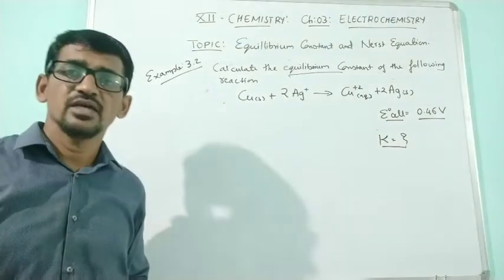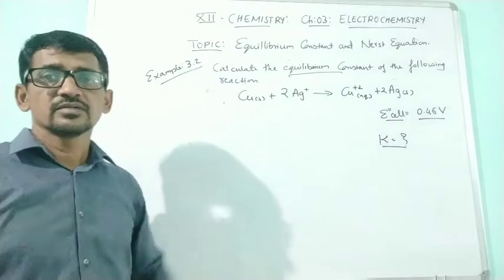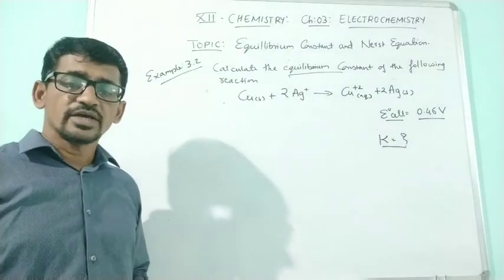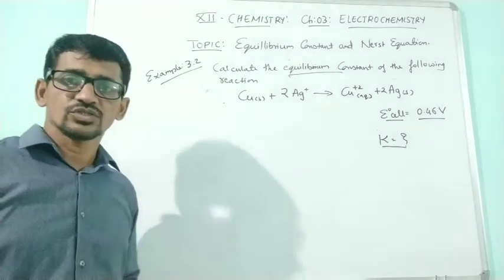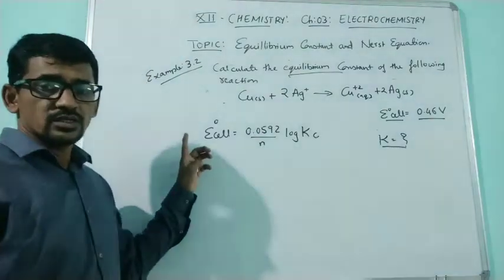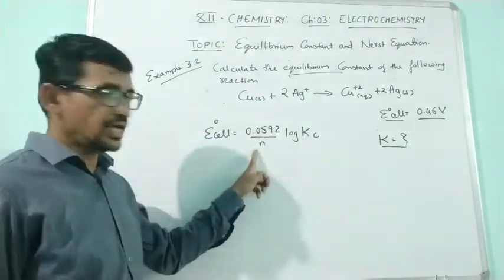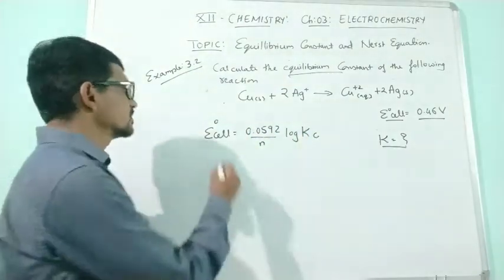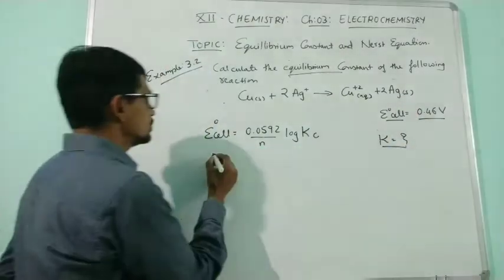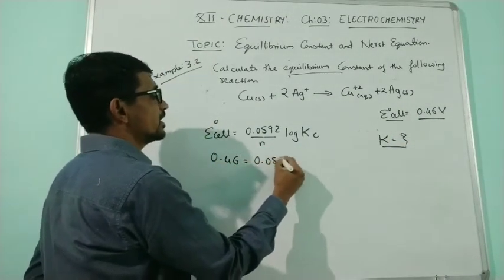Okay, first we will write the equation related with cell constant and log K, meaning the equilibrium constant. E0 cell is equal to 0.0592 by N log Kc. E cell is already given, 0.46, which is equal to 0.0592 by N into log Kc.